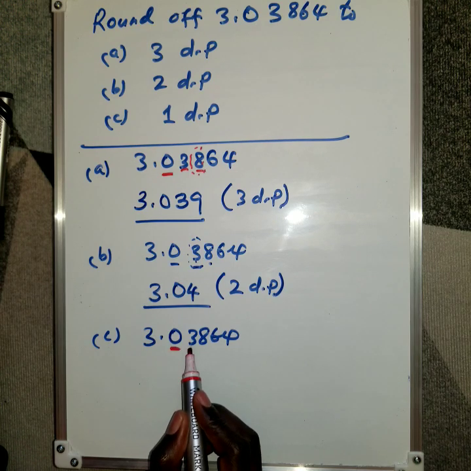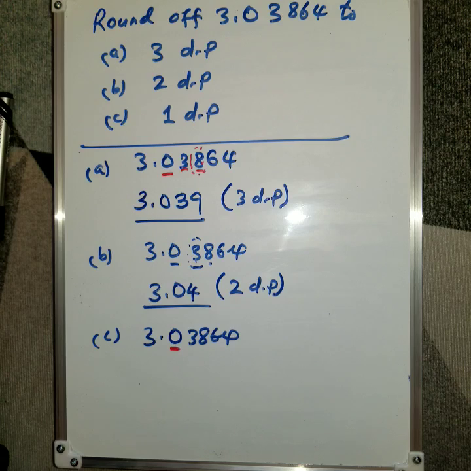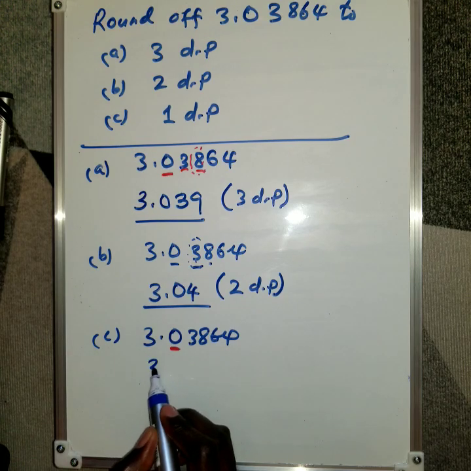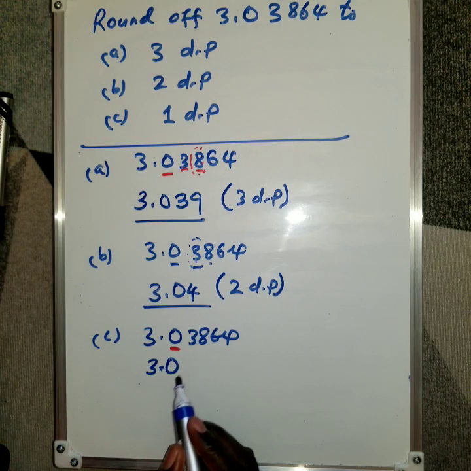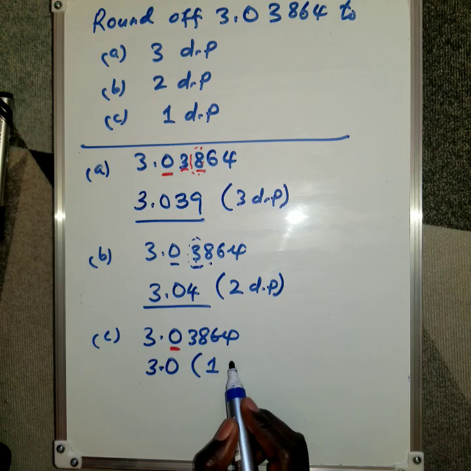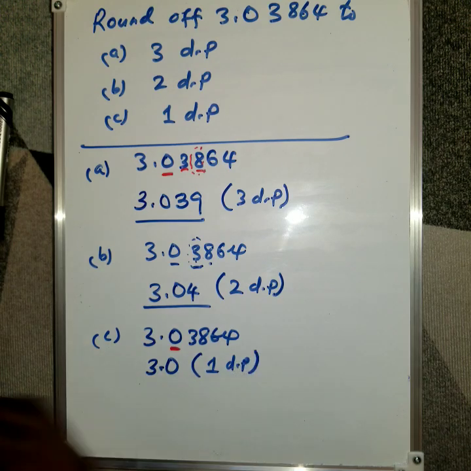Is it 5 and above? The answer is no, it's less than 5, meaning this digit will remain the same, it will not change. So it will be 3.0. That is to 1 dp, or to 1 decimal place. So it's not actually difficult, it is very simple. Please watch out for some more videos as we look at some more practice questions.